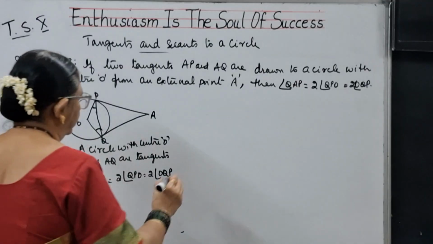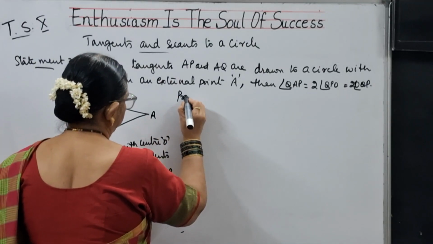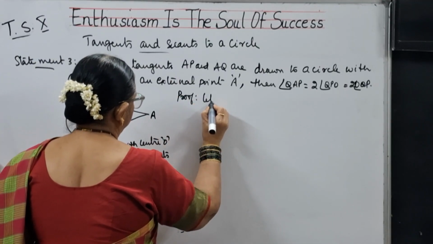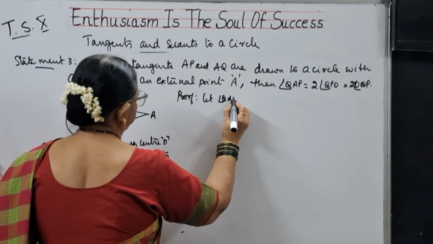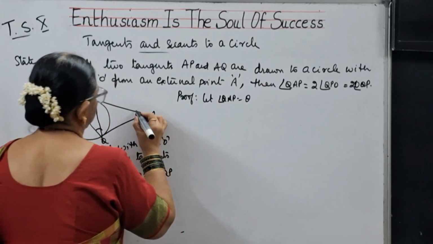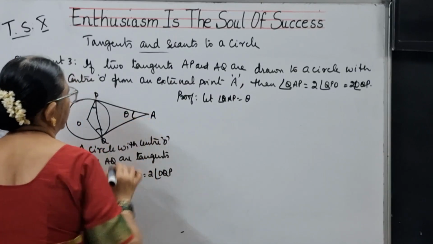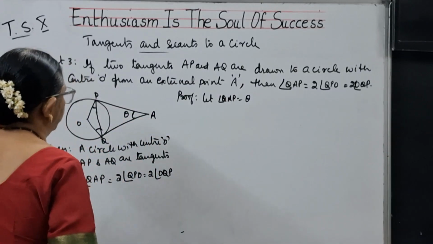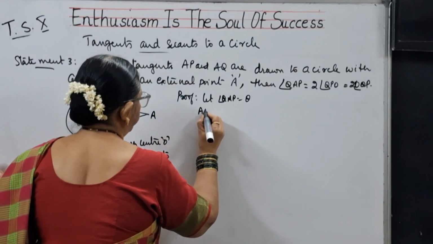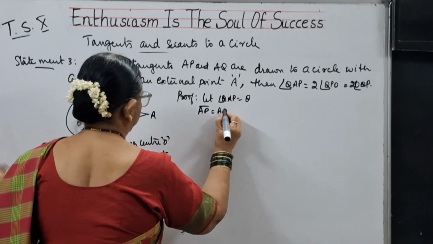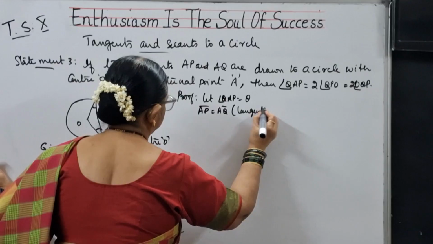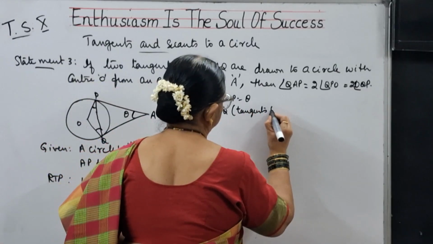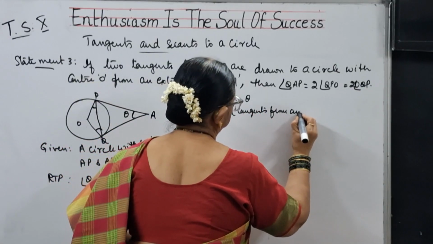I will do it here. Proof. Let angle QAP be theta. I am considering this as an angle theta. Now we know that AP is equal to AQ. Why? Because they are the tangents from an external point.